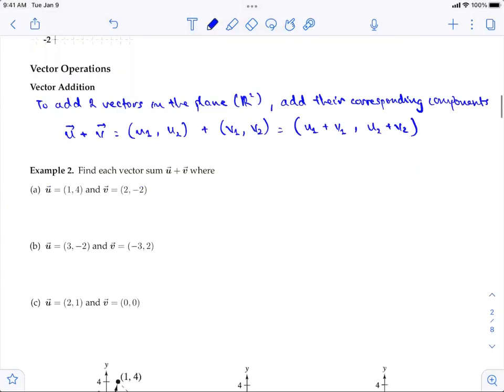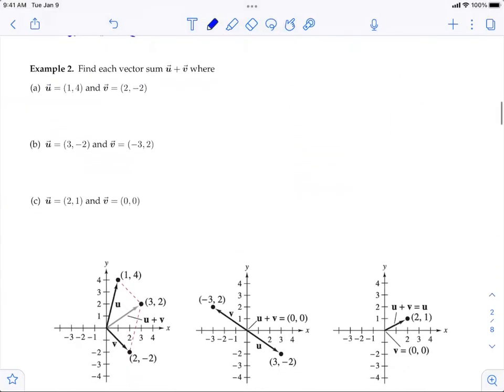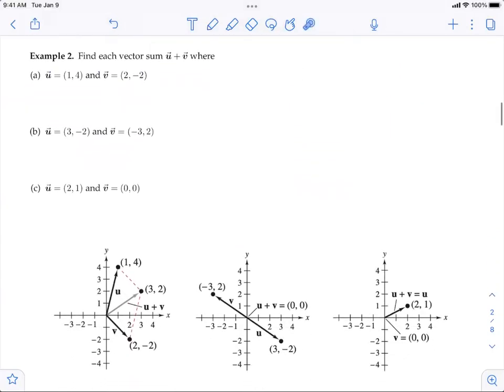All right, so let's quickly do the following example. I want to do vector addition on the two vectors u and v, given u is equal to 1, 4 and v equal to 2, -2 in this case. So I have u plus v equal to 1, 4 plus 2, -2. Well, this is 1 plus 2, 4 minus 2. Well, this is 3, 2. Right?